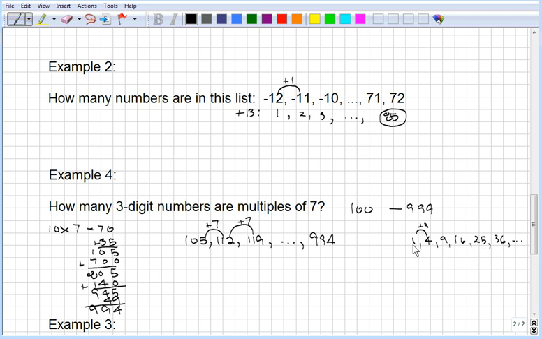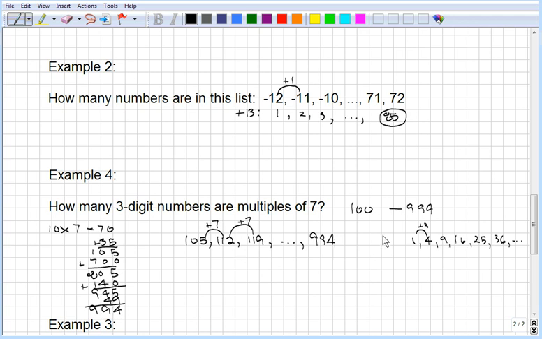So be careful. Make sure that your pattern actually establishes that the gap is constant. And anytime you have a list of numbers where the gap between the numbers is constant, that's called an arithmetic series. I've got some other neat tricks you can do with arithmetic series that I'm going to post soon. But make sure you check that.